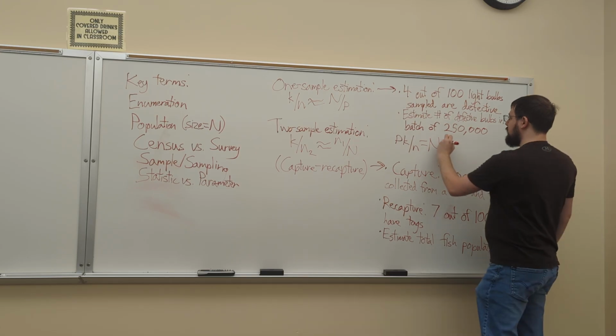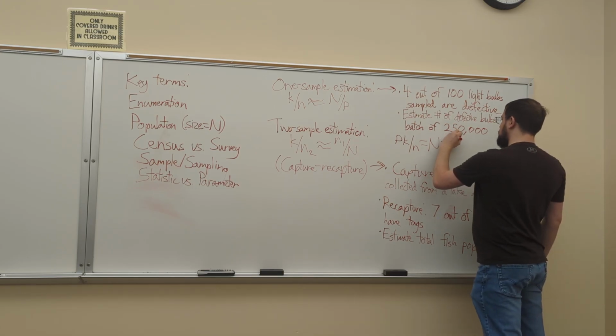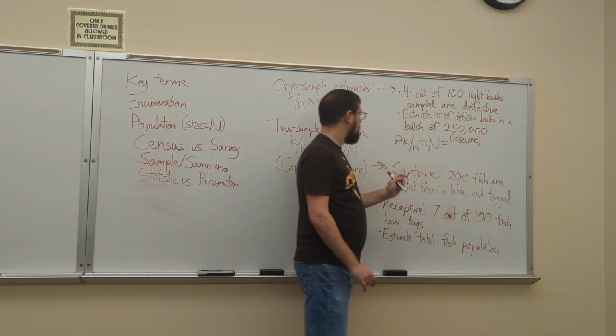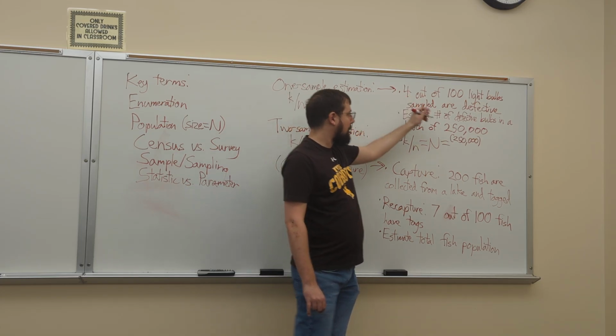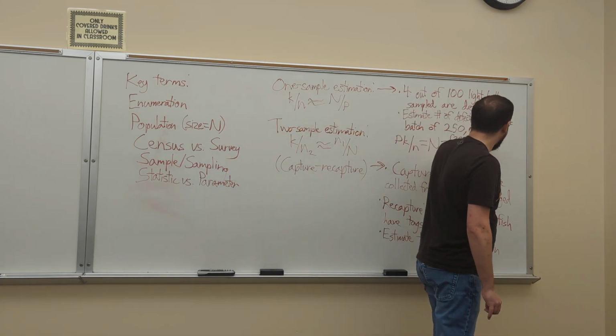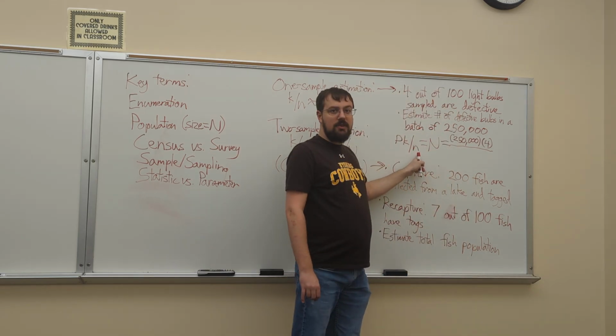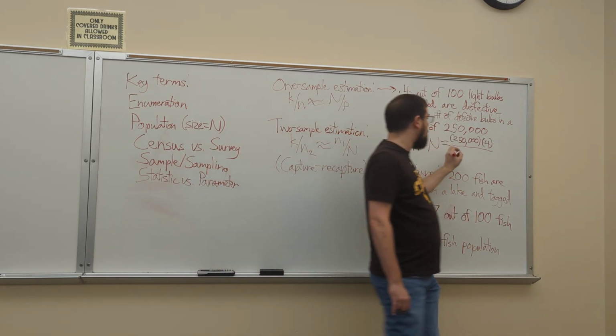So in this case, capital P, that's 250,000. K is 4. That's our defective bulbs in the sample. And then this lowercase n, that's our sample size, so that would be 100.